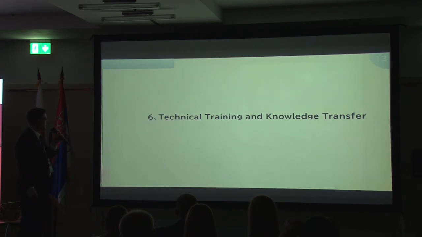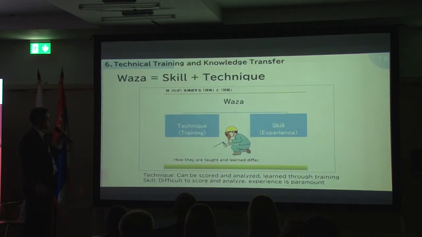Okay, and next up is technical training and knowledge transfer. So here's what we like to describe as the waza, which is a combination of technique and skill. The distinction here between technique and skill: technique is very teachable because it's measurable by time and score.